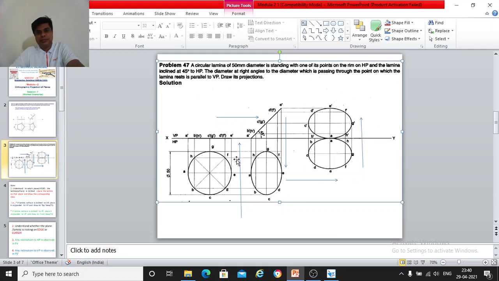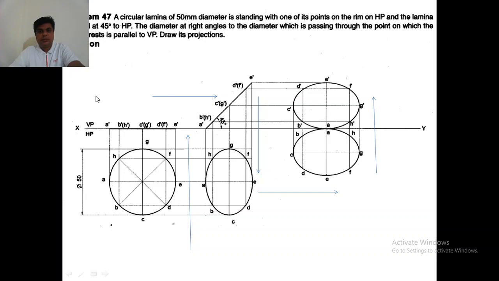This will be the same in all the problems. Anyway, we will try to solve this problem. So here this sequence you just remember: top view, from this front view, from front view we get the second front view, then from this front view the top view, from this top view again the top view, then the front view.